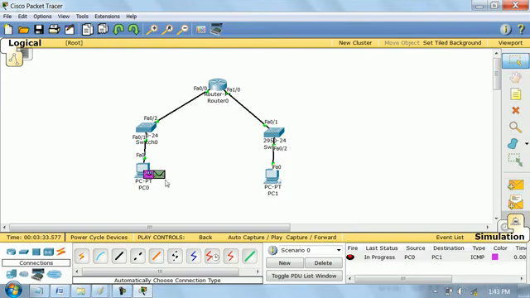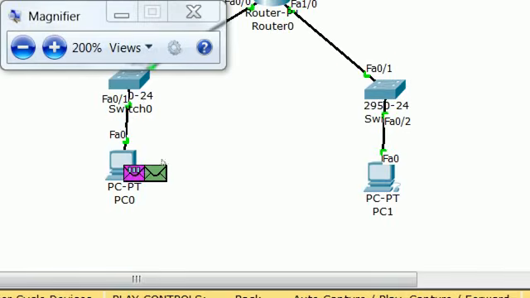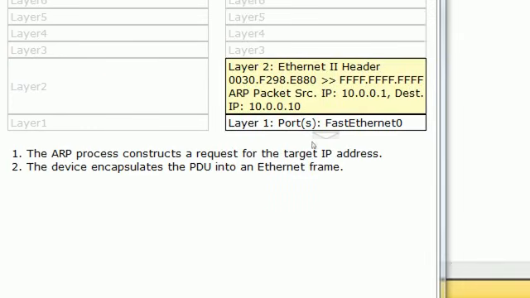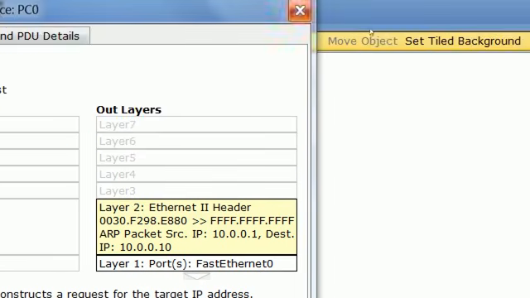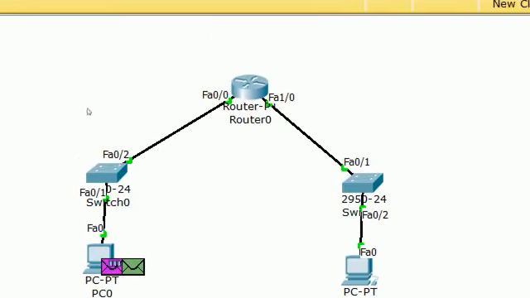So first of all, this guy will generate source IP, destination IP for my default gateway. You can see here in the data, source IP, destination IP 20.0.0.1. Agree? But first of all guys, this guy is generating ARP for default gateway.